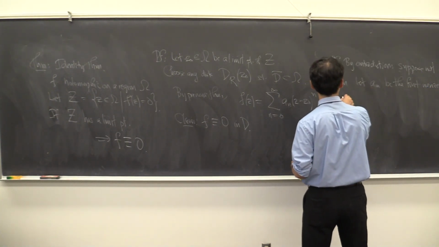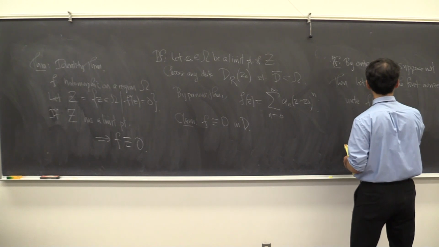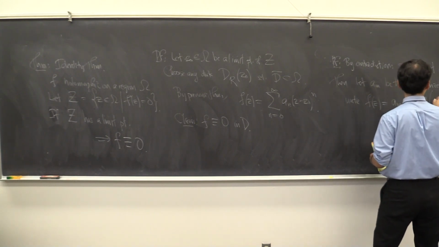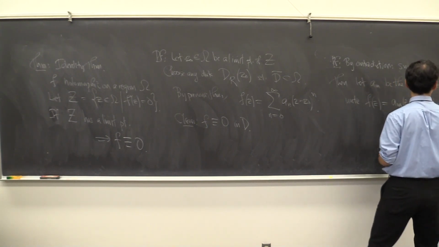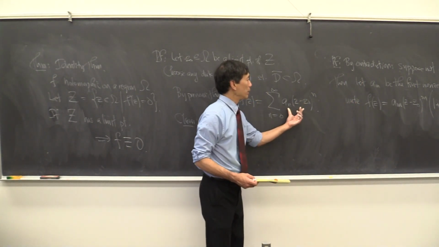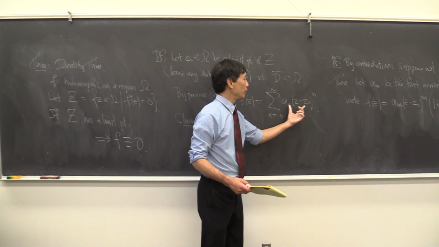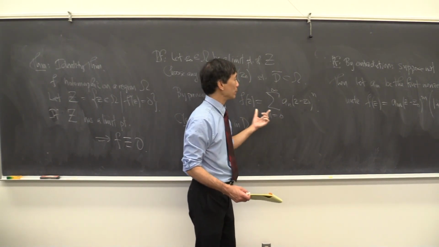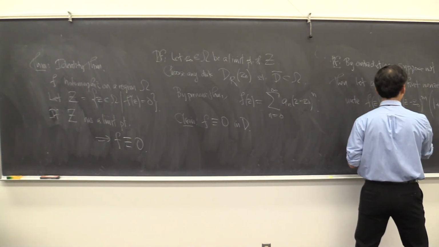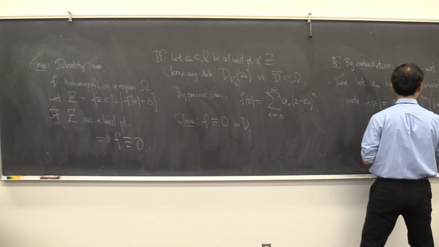You rewrite f of z as a sub m times (z minus z naught) to the m times (1 plus g of z). You're just factoring out the mth term from this, where g of z goes to 0 as z approaches z naught.